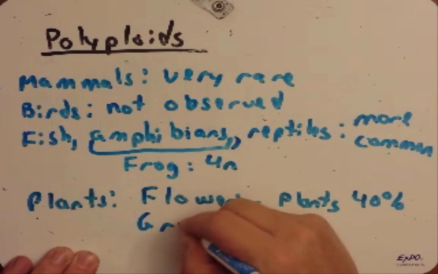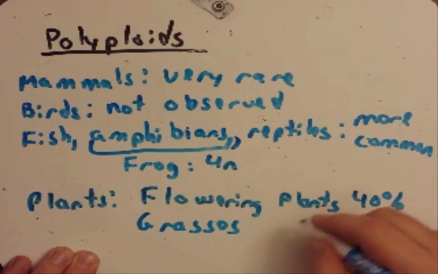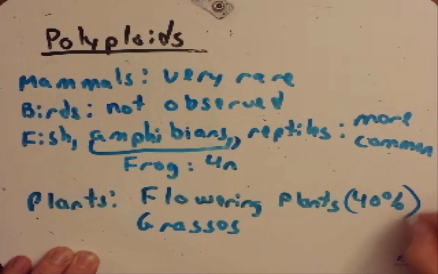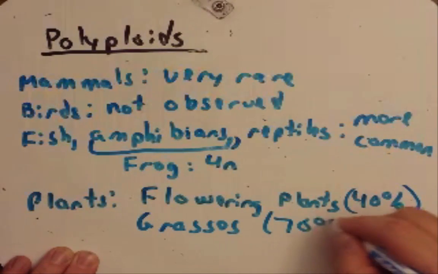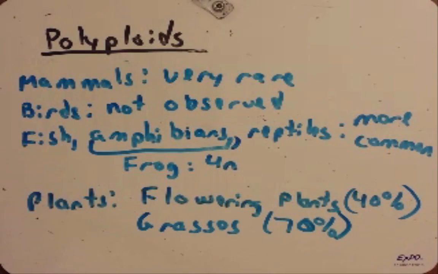In grasses, we know about 70% are polyploids. So again, they're very well tolerated in plants. And this benefits them, helps them survive better, and humans, as we cultivate plants and breed plants, we've taken advantage of the fact that they're polyploids. And we'll talk about that in a moment.